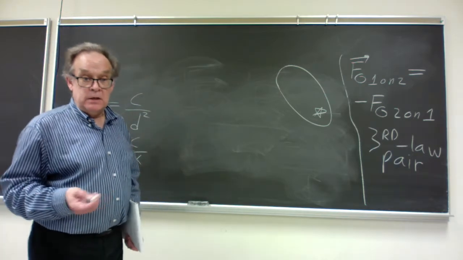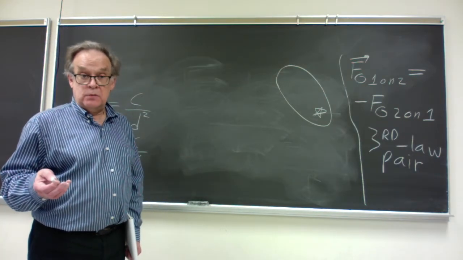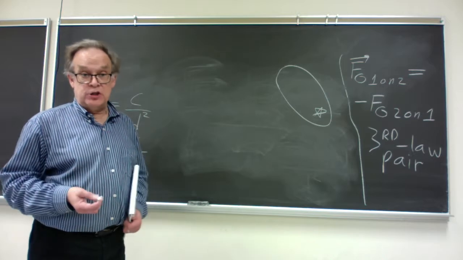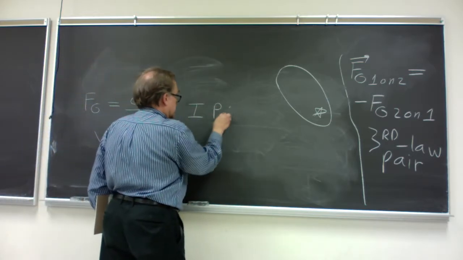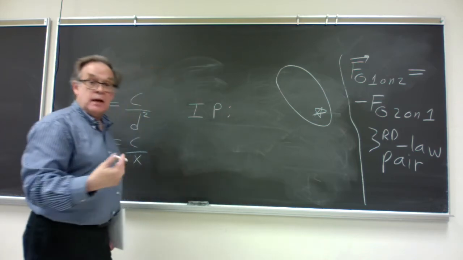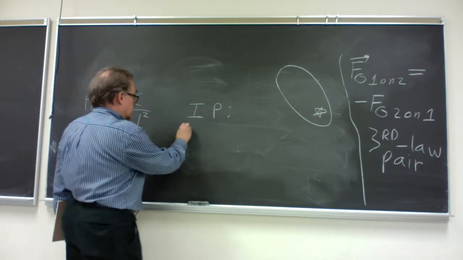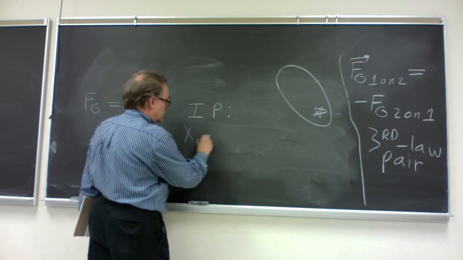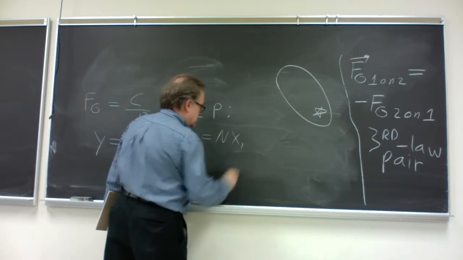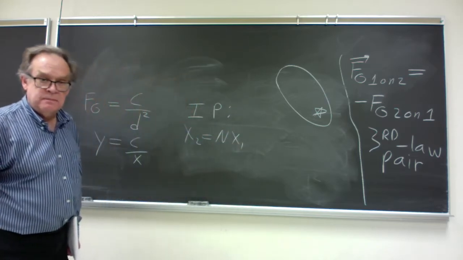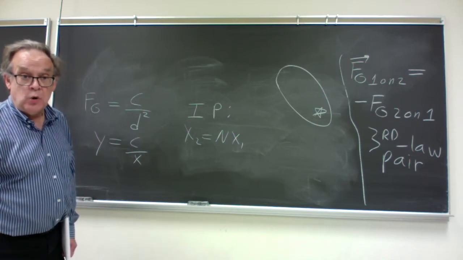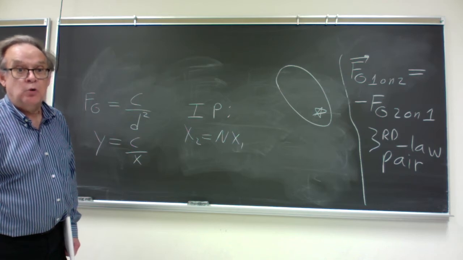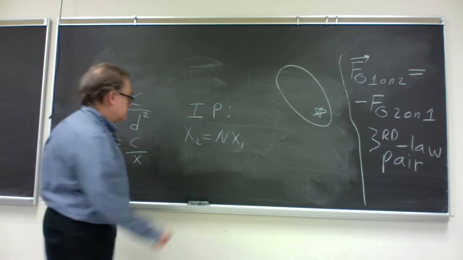When one variable changes by some factor, let's say x changes by some factor, the second value of x is just n times the first value of x. Because it's inverse proportionality, we immediately know how the other variable y changes.